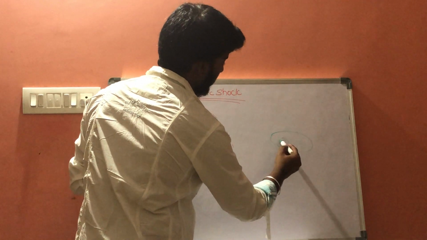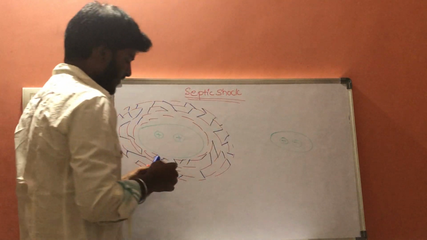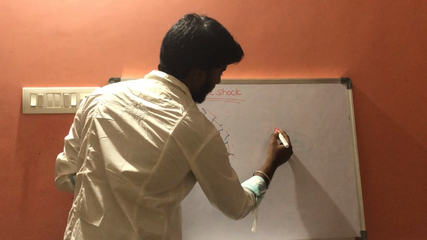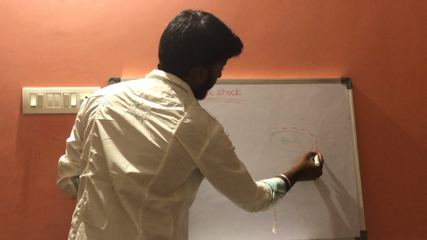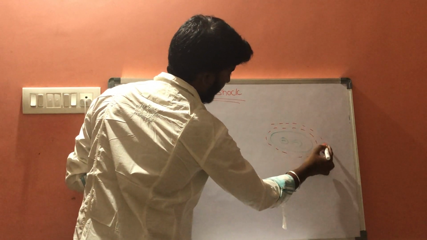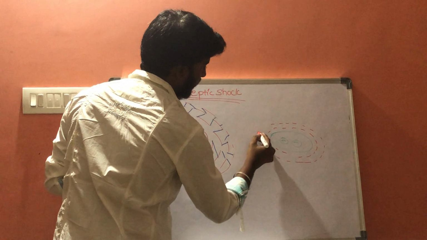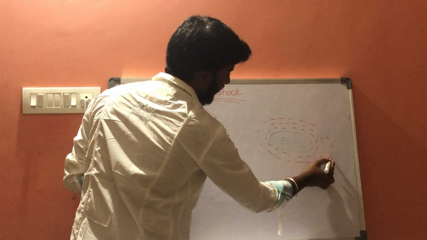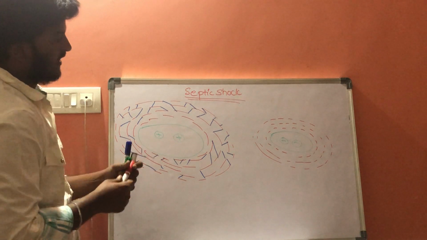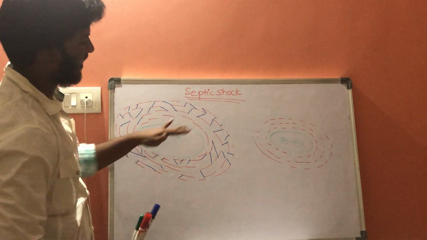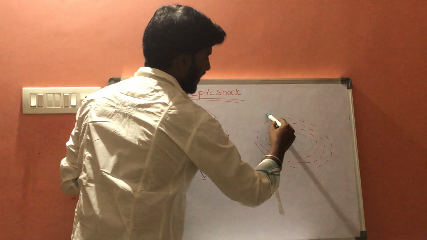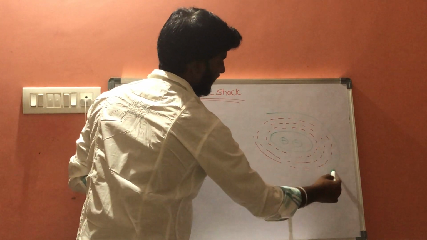This is gram-positive bacteria. Now, let us discuss gram-negative bacteria. This is the cell wall of a gram-negative bacterium, and it also consists of peptidoglycans, but fewer layers of peptidoglycans when compared to gram-positive bacteria. The difference between gram-positive and gram-negative bacteria is the presence of an external lipid layer.